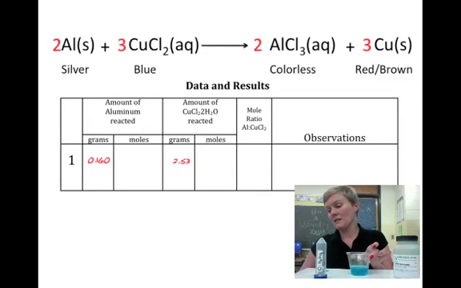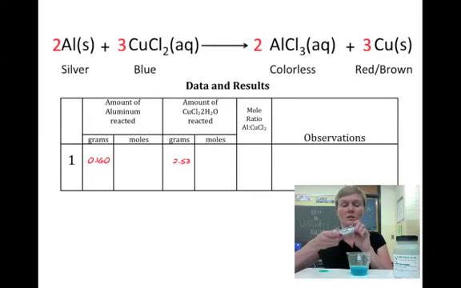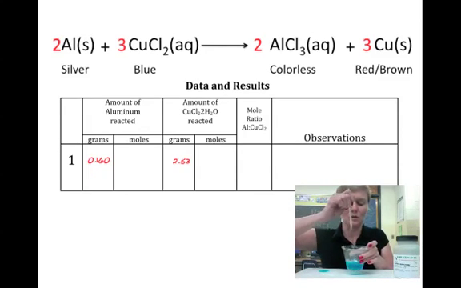Okay, once we get that to dissolve, then we're going to take our 0.16 grams of aluminum, and we're just going to dump it in there. Now, something interesting is going to happen, or else I wouldn't be doing this for you. So when I stir this up in the copper chloride solution, we're expecting a chemical reaction, and we get one.